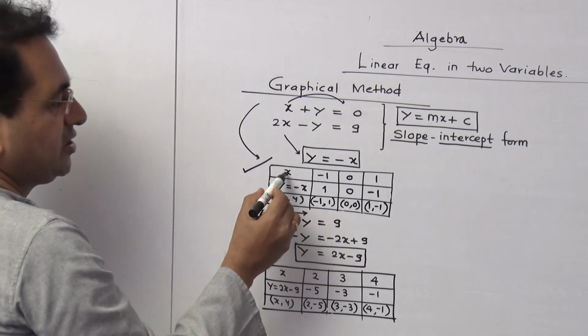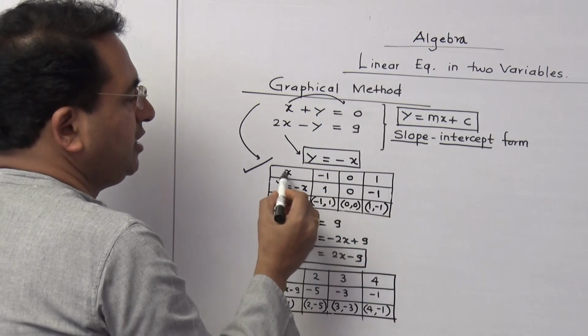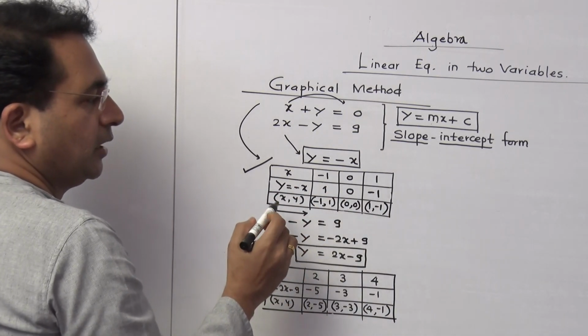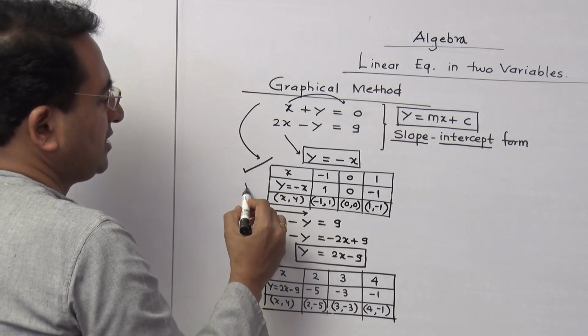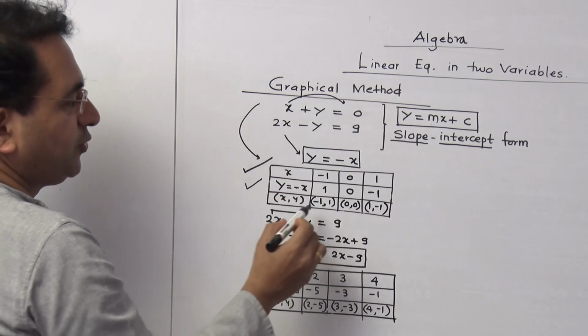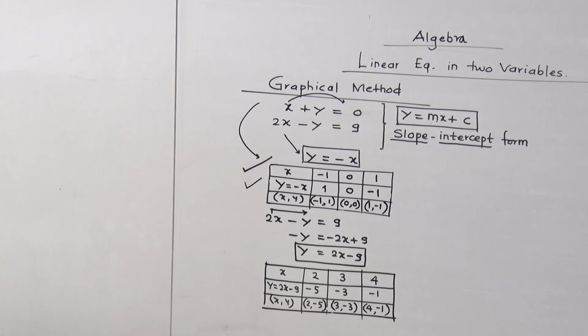That is why this variable is called as independent variable, where we take any value of x. And y is depending on the value of x, so y is called as dependent variable, which will give you 3 points.